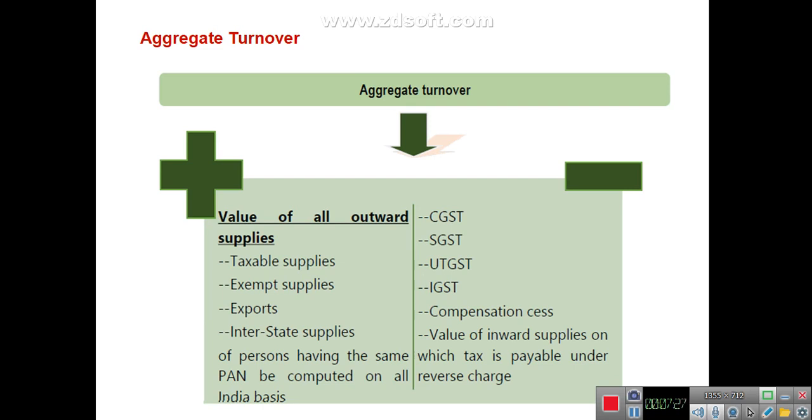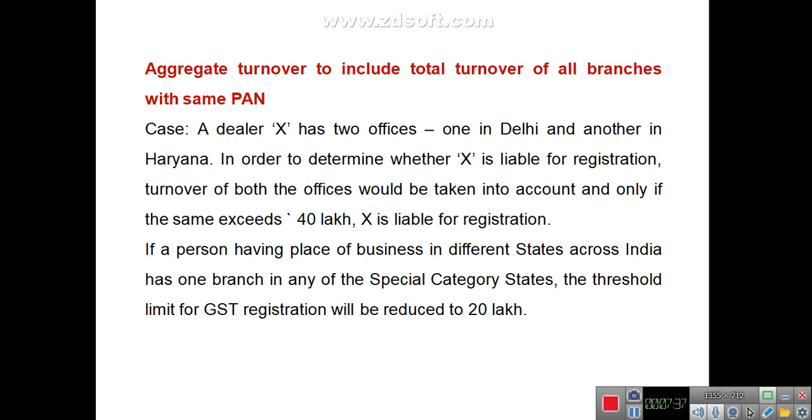The value of inward supplies on which tax is payable on a reverse charge basis will also not be part of aggregate turnover. Aggregate turnover includes total turnover of all branches with the same PAN. For example, a dealer X has two offices, one in Delhi and another in Haryana.